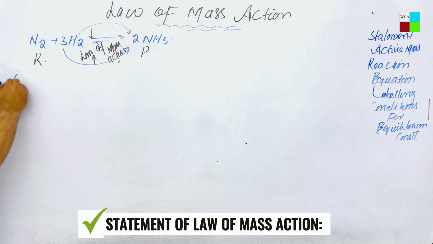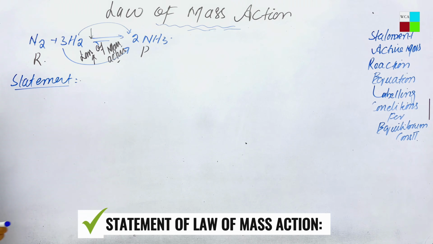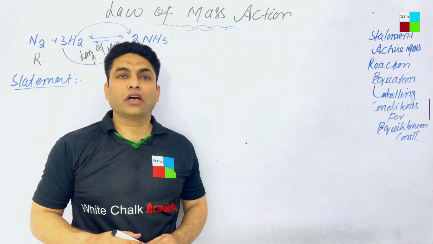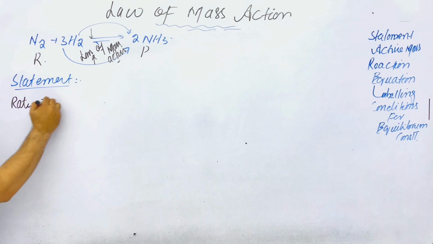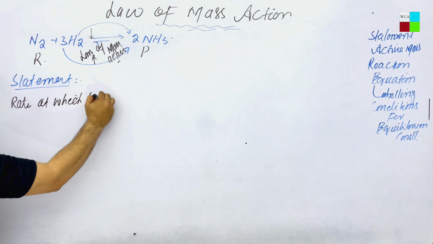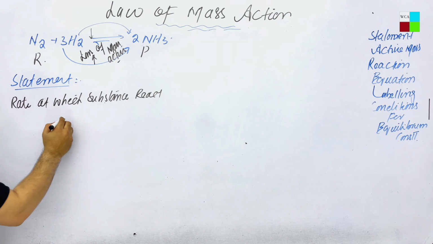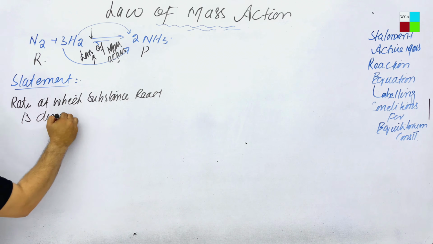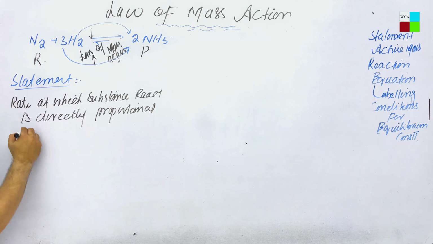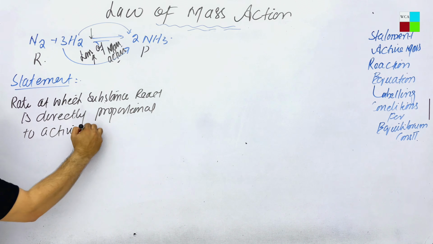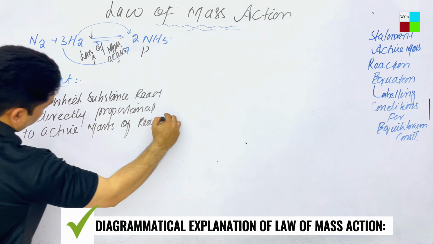So the statement is: the rate at which a substance reacts is directly proportional to the active masses of reactants and products.